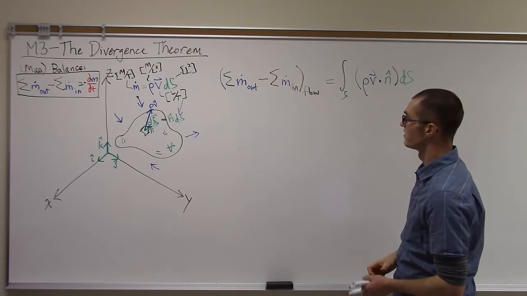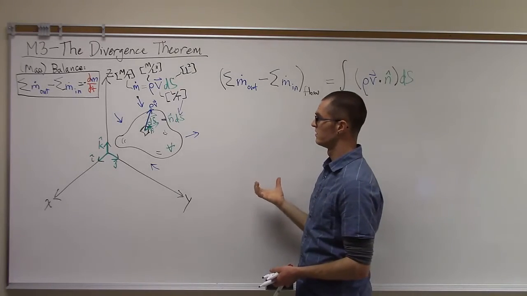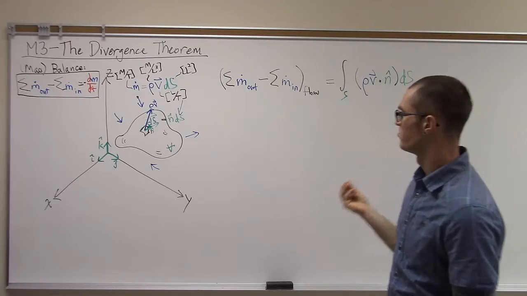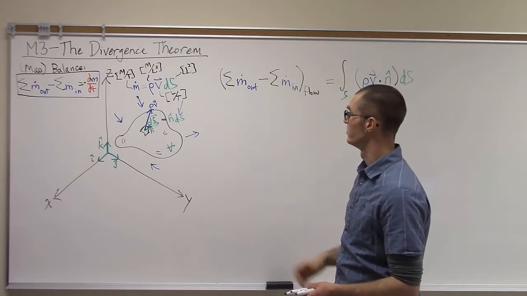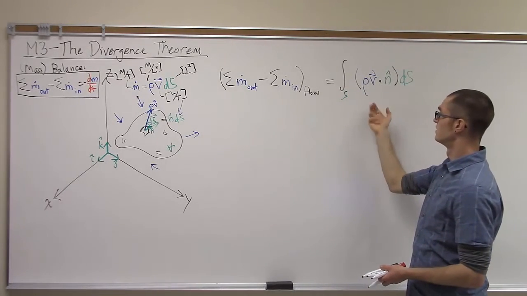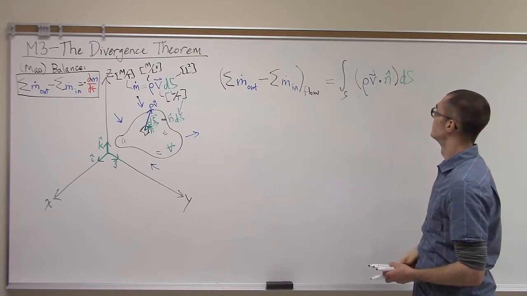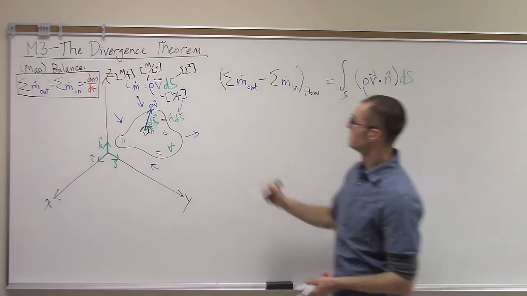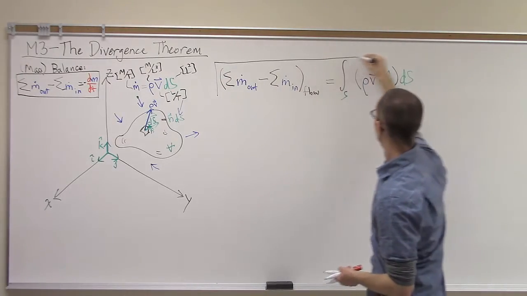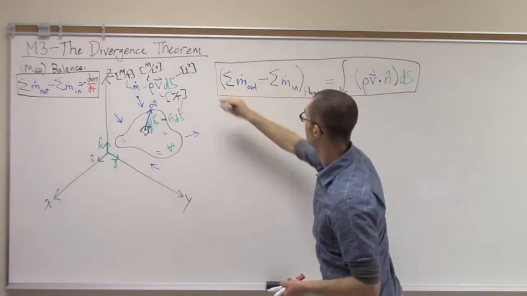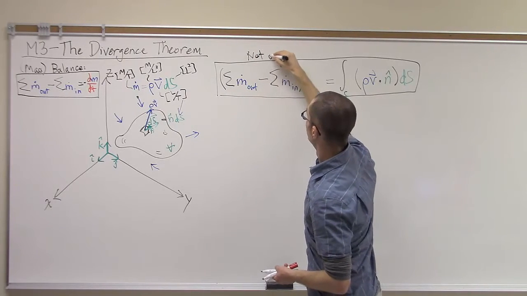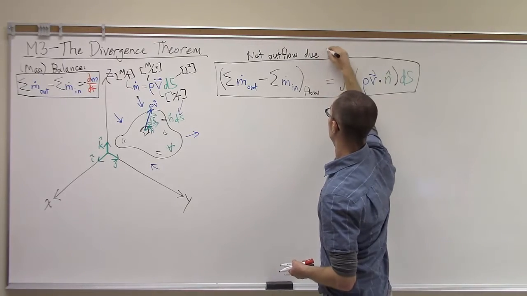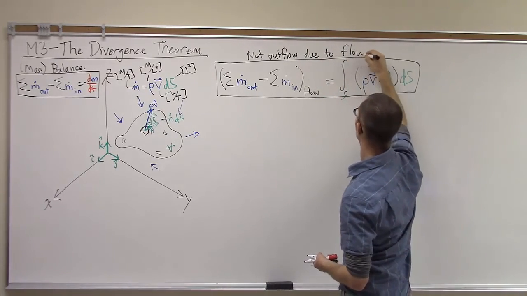So the net flow out of the volume due to the parts that are dissolved in the fluid comes from integrating this rho v dot n over the whole surface. So that is net outflow due to flow.